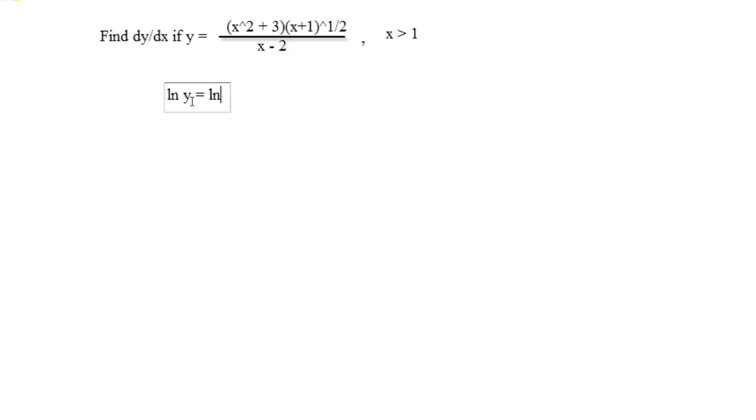So we did the natural log of both sides. Now what's going to happen is that if I do the natural log of the whole thing, and I use my rules of logs, that's division, so this becomes the natural log of x squared plus 3 times x plus 1 raised to the 1/2 power, let's put that in brackets, minus the natural log of x minus 1.